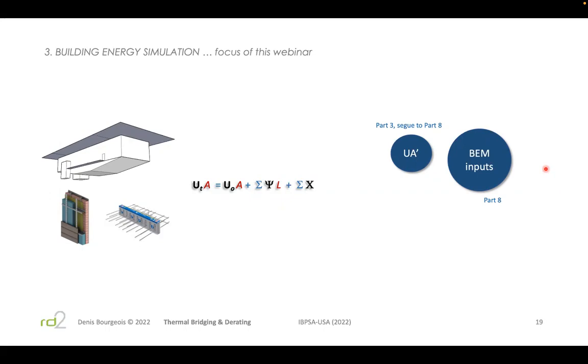Okay, so the main focus of the webinar, to set the table, if you want. The main focus of the presentation is, okay, so what happens now if you're trying to factor all this in, in an efficient way, in your building energy simulation workflow?